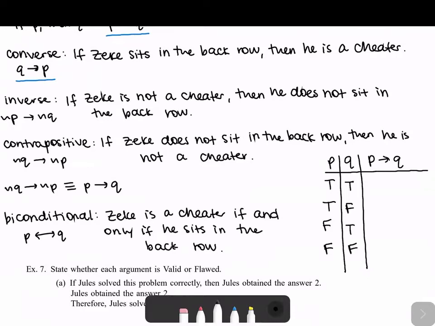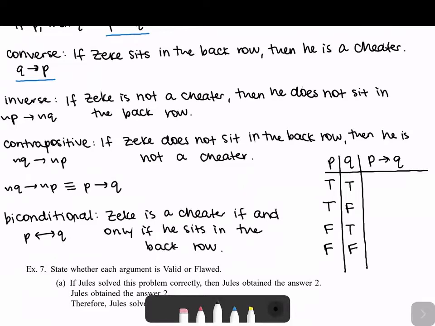Okay, so let's talk about the truth values of these things. Again, a really tangible way to think about these things is to think about when someone is lying to you.